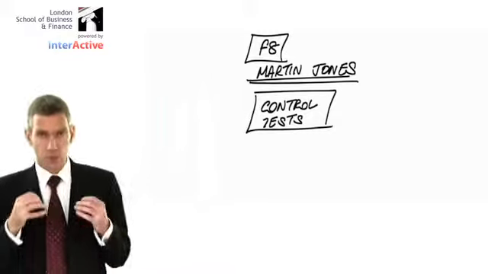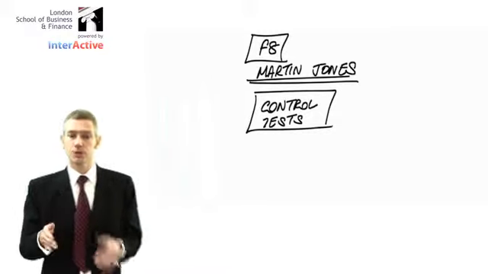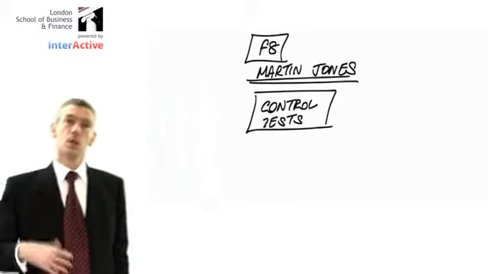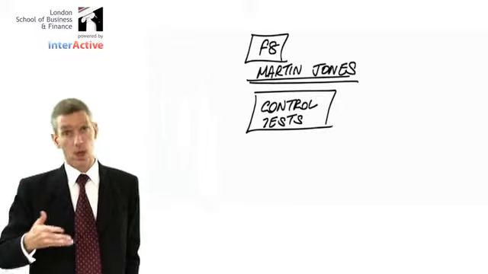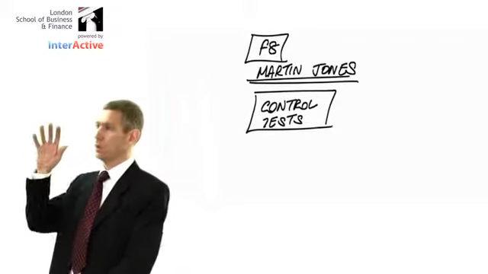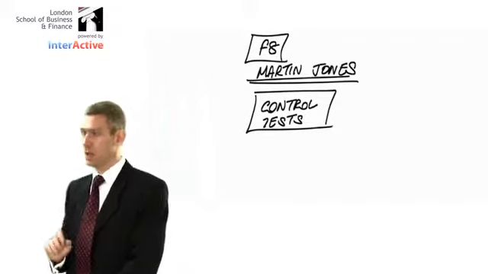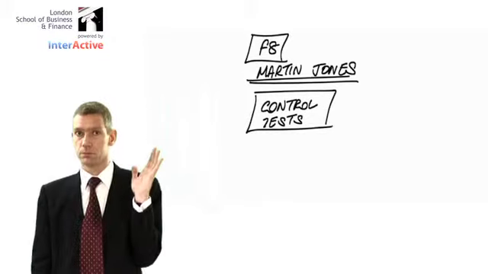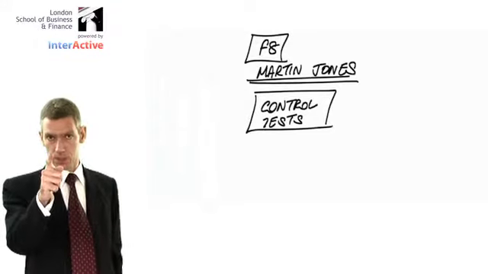For example, she tells you in her scenario that all purchase order notes are authorised. The control is all purchase order notes are authorised. That's the control. You're going to test it.